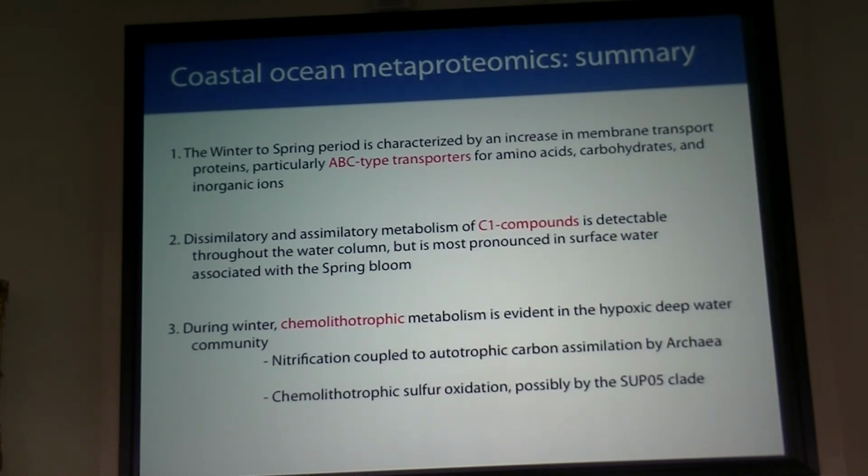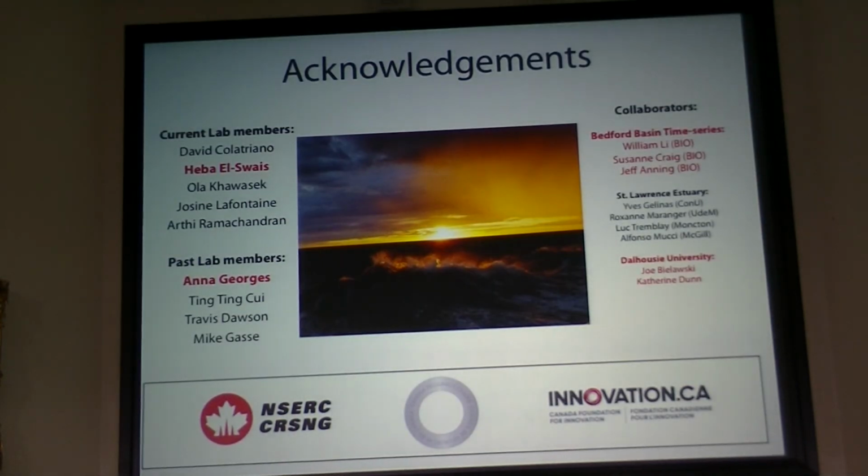And during the winter, under these hypoxic conditions, we find a dominance of chemolithotrophic metabolism. Okay, so these are organisms that are not using organic carbon in the system. So the chemolithotrophic sulfur oxidation by SUP5 is one example, and I sort of skipped over the Archaea, which are another very interesting group of organisms in the oceans that have the ability to use ammonia as an energy source and use that energy source to fix carbon. And we see them in the system as well.